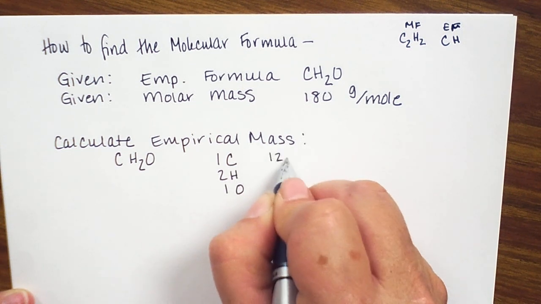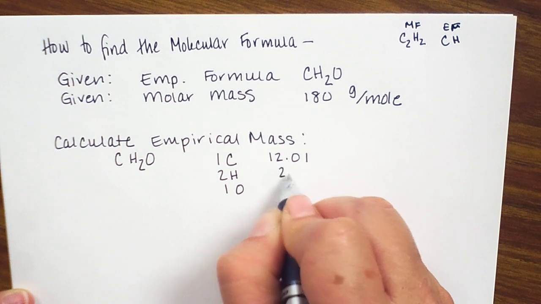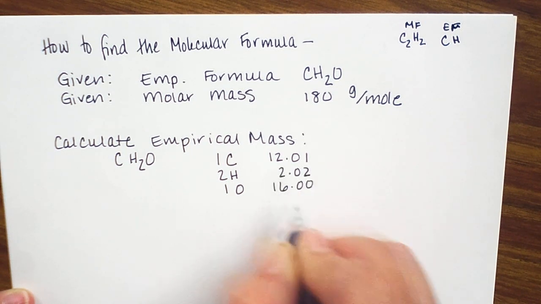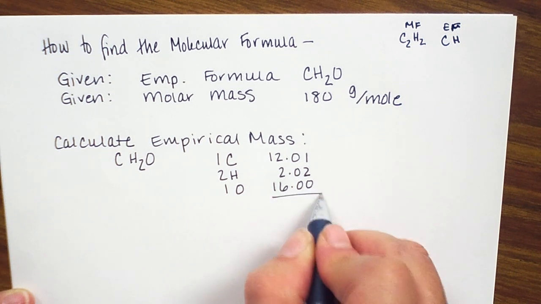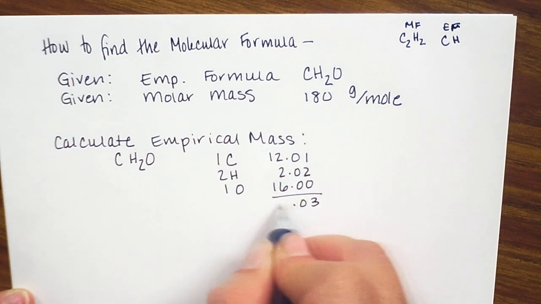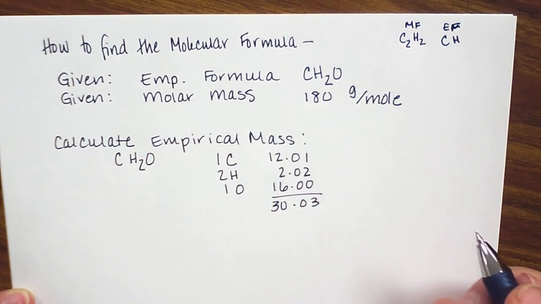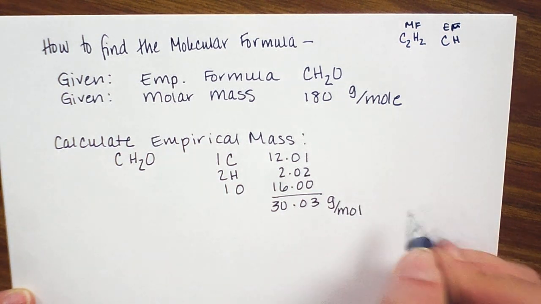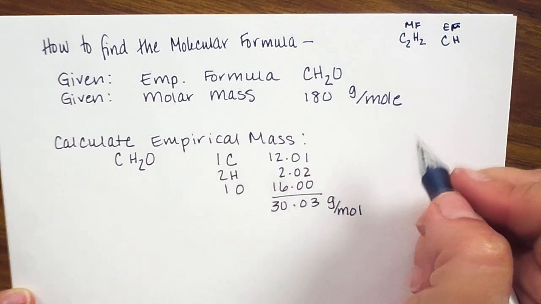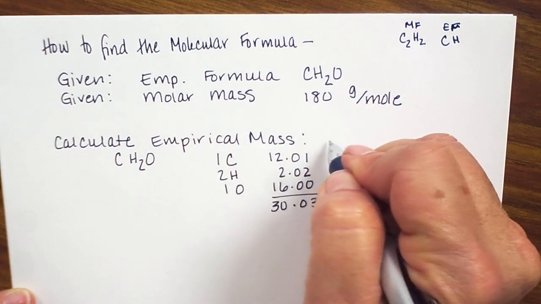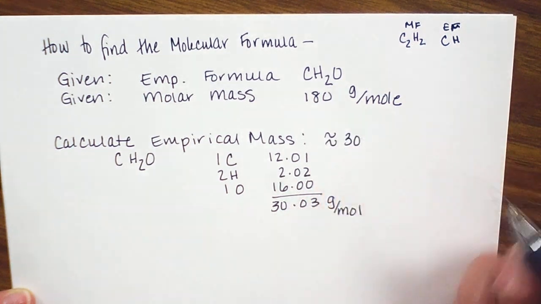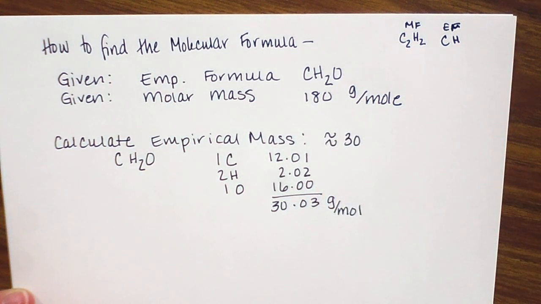So 12.01, 2.02, and 16. And that gives me 30.03 grams per mole. So my calculated empirical mass is approximately 30. And we'll leave it at that, because we're just going to do approximates for this.